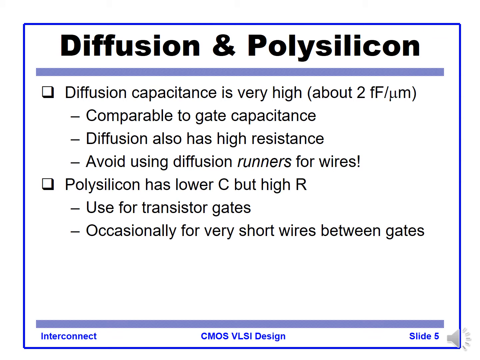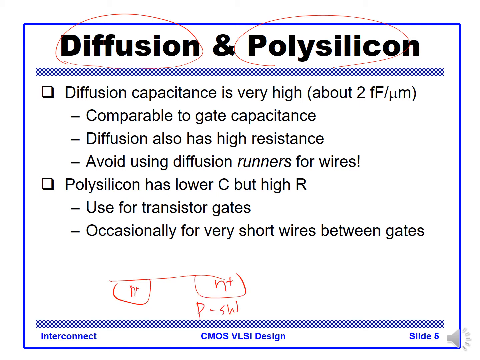When we route a signal with metal, someone may also consider diffusion and polysilicon as routing wires. But when you look at this structure, say M plus MP sub, we have a diffusion here.